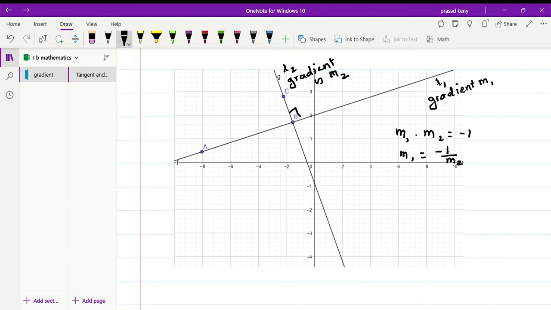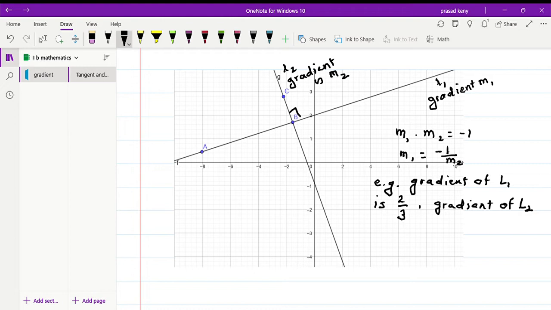Now for example, if the gradient of line L1 is say 2 upon 3, then the gradient of line L2, which is perpendicular to L1, will be the negative reciprocal of 2 upon 3.